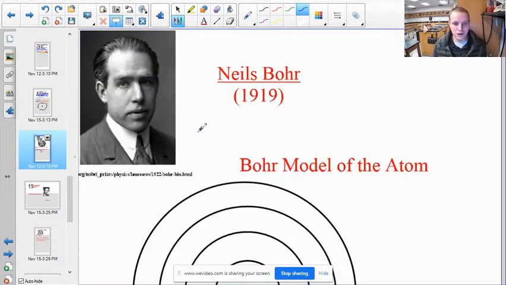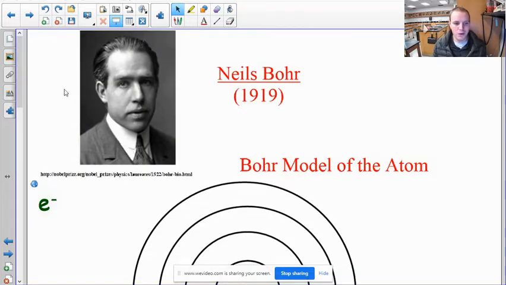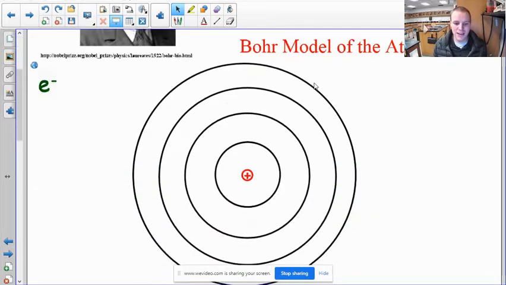And so that brings us to our next guy in the history of the atom, Niels Bohr. Call him Boring Bohr because he just sort of looks like Eeyore from Winnie the Pooh. At least I think he does anyways. So here's his model of the atom. So we got the positively charged nucleus right here in the center. And he sort of pictured electrons just sort of around it, kind of orbiting it like this.